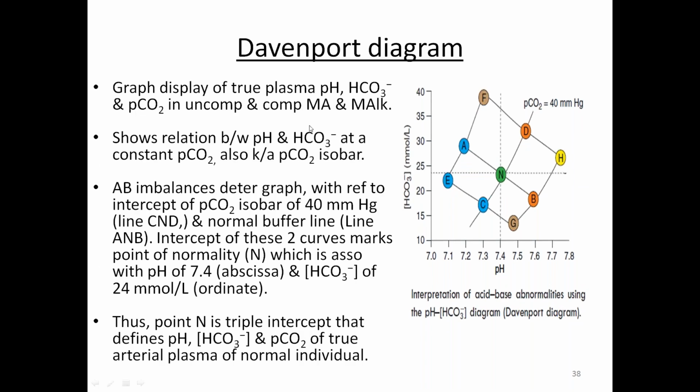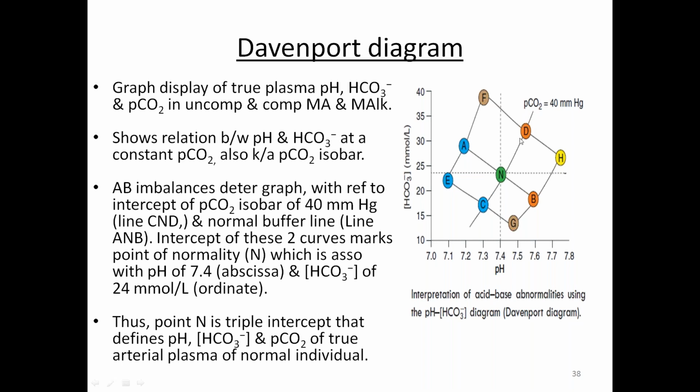It shows you the relation between pH and HCO3 at a constant PCO2. This is your PCO2 isobar. That means any point on this line has a constant PCO2 value of 40 mmHg. And any acid-base imbalances deter the graph with reference to the intercept of the PCO2 isobar of 40.